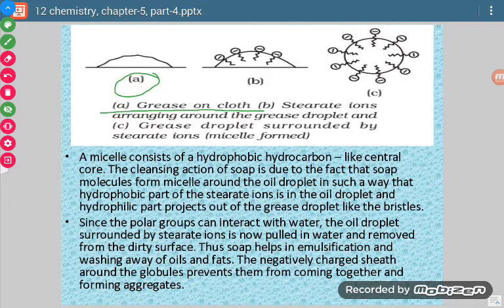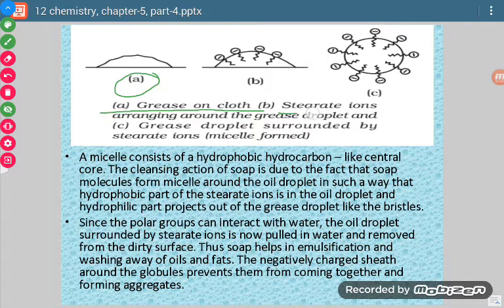Now dirt is the mixture of oil and dust. Okay, so the main thing is how to remove oil. So here oil or grease, one and the same thing. Grease means that particular oil. Okay, now in this diagram we have just shown the grease on cloth.